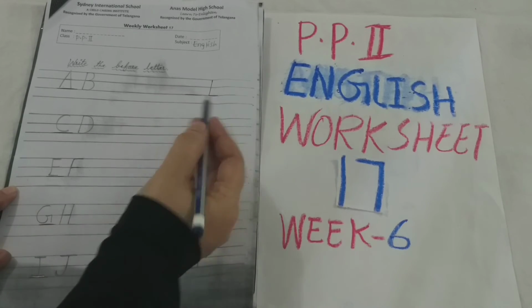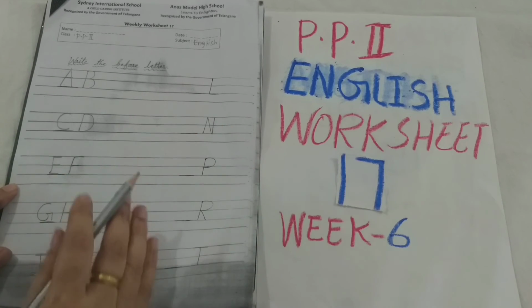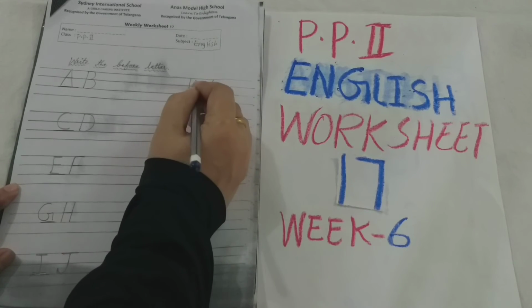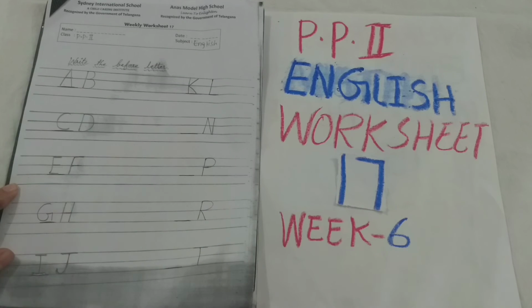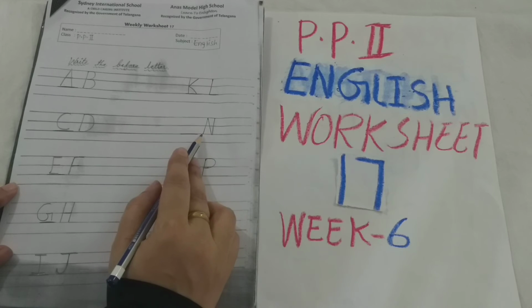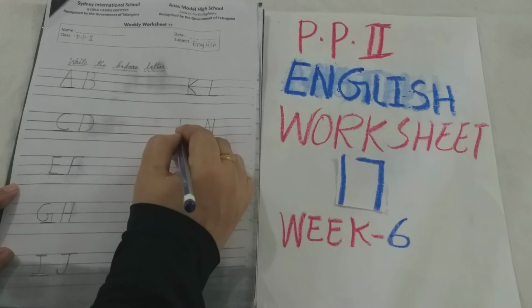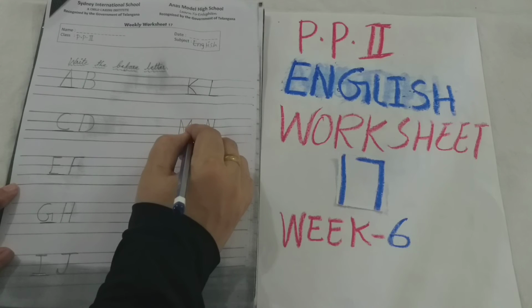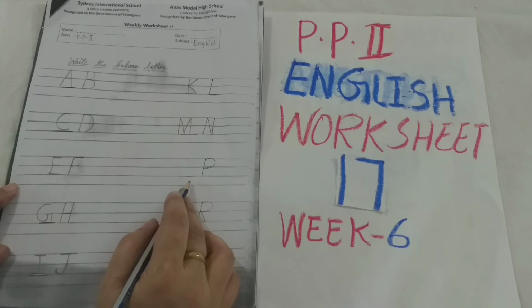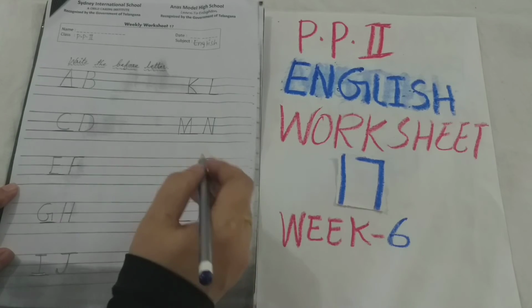Now L is here. Before L, which letter is going to come? Capital K. N is here. So which letter is going to come before N? M. Write in the dash capital M. Now P before. Which letter is going to be written before P?